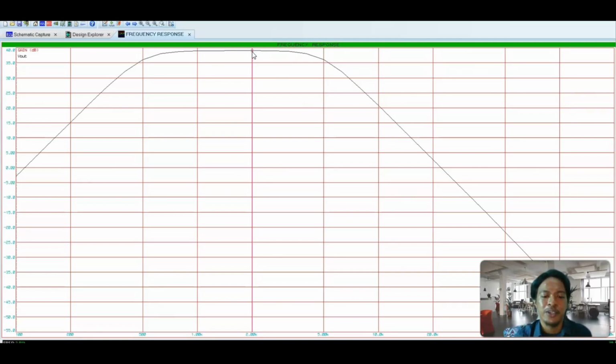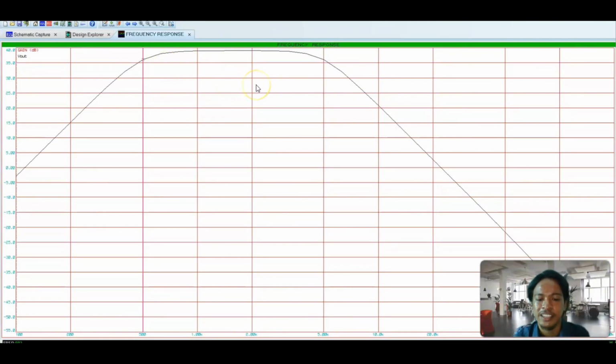After that, we need to find the low cutoff frequency, which is 502, and the gain we get is 36.1.